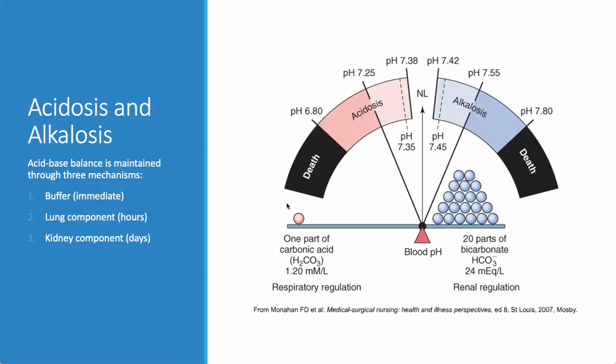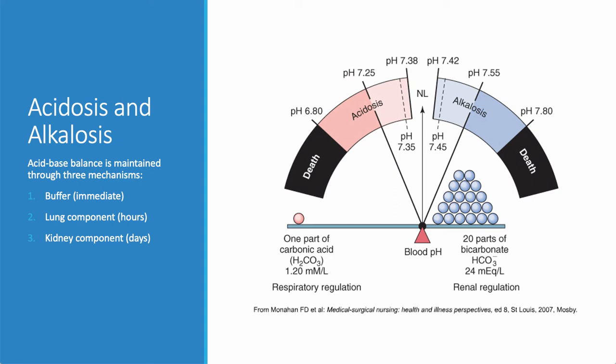Okay? Now, what does 7.4 mean? Well, on this balance scale, we can see a couple things that we've already talked about. One is the pH of 7.4, right? And the range, because we're not perfect, right? Nobody's perfect. The range of normal is 7.38 to 7.42. But if we're going to pick a perfect number, it's 7.4. That's the perfect pH.